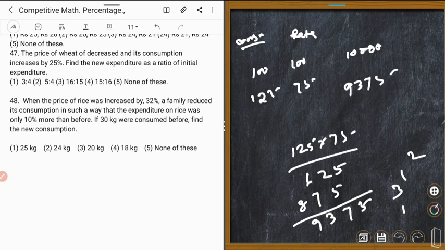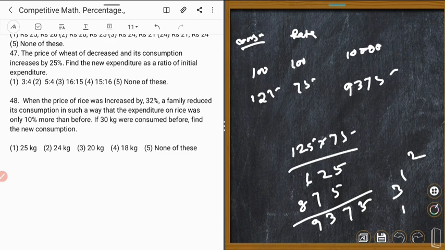So the ratio of new and old. This is new and this is old. Let's see what is the ratio between it.